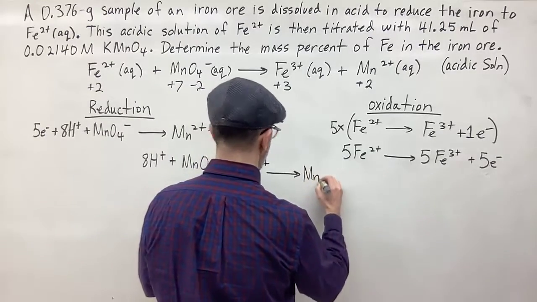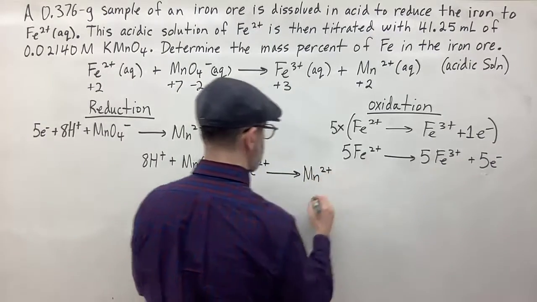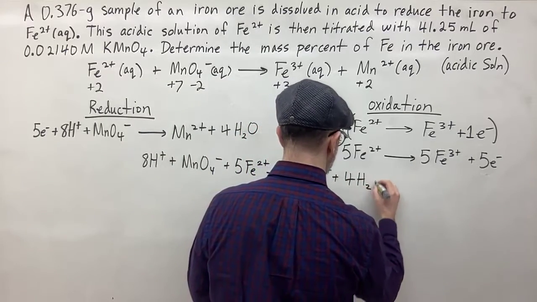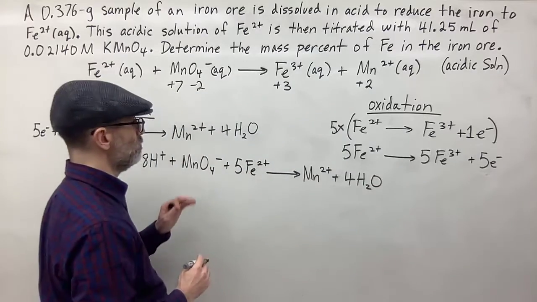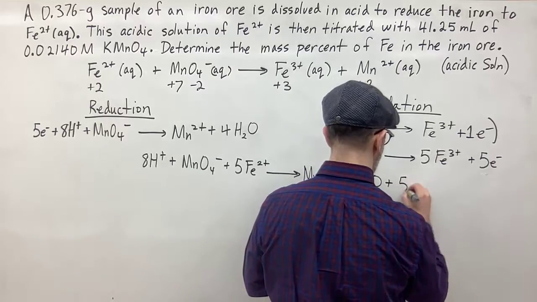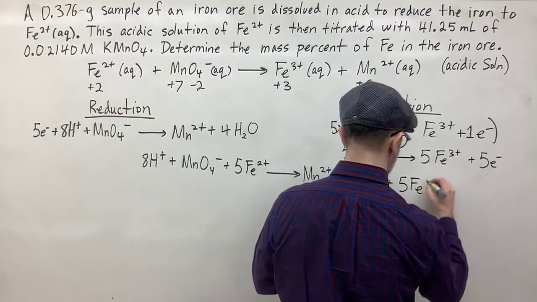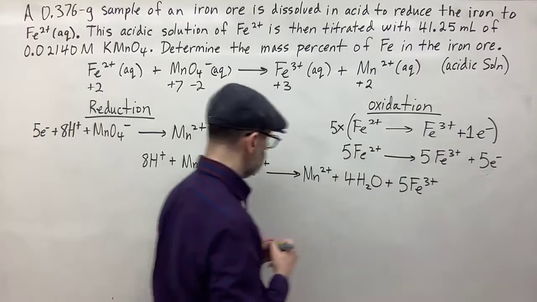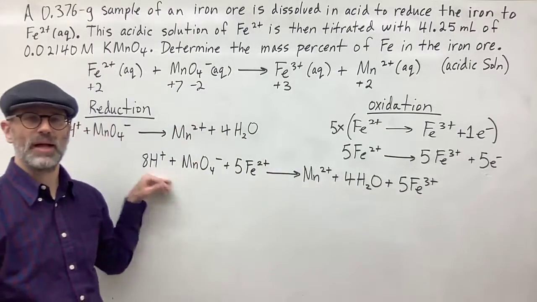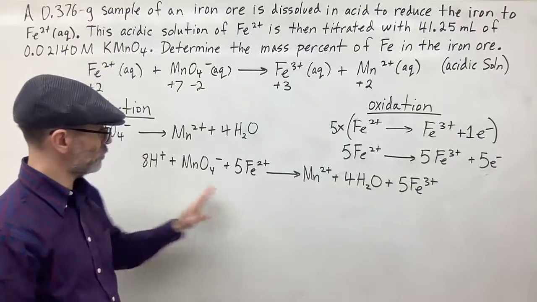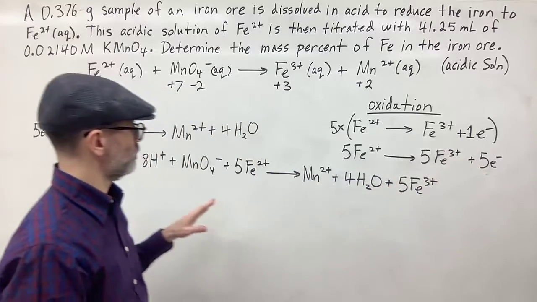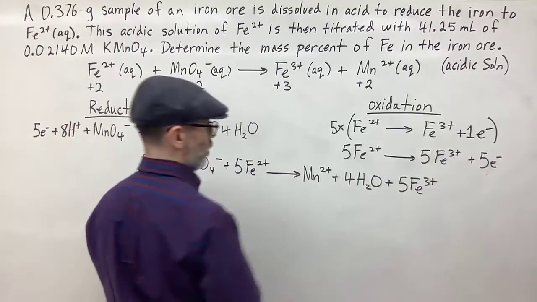So Mn2+, 4 H2O. And now for this product here, plus 5 Fe3+. And so this, ladies and gentlemen, is my final balanced equation. This is the balanced redox reaction. Notice I didn't include the electrons because they cancel out.